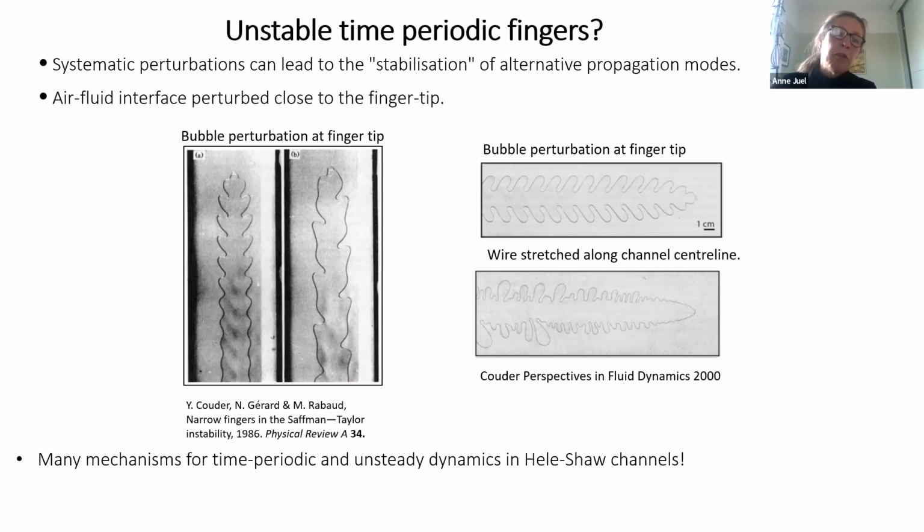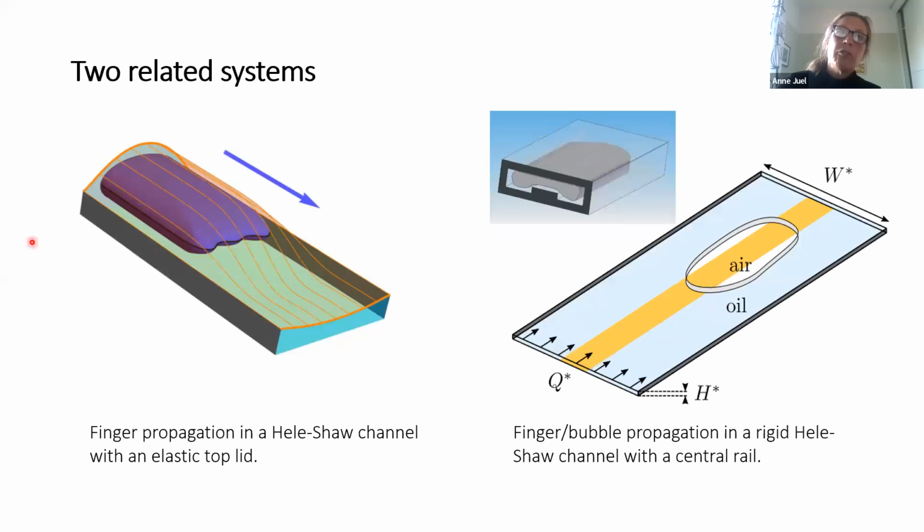Okay, so for that, what I'm going to show you is two related systems. The first system is where we're propagating a finger in a Hele-Shaw channel, but the Hele-Shaw channel now has a top elastic lid. And that's the one on the left-hand side here.